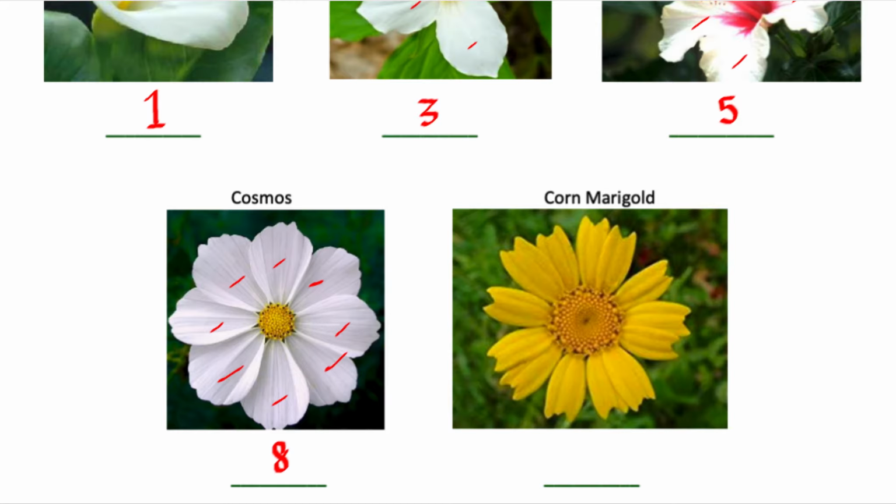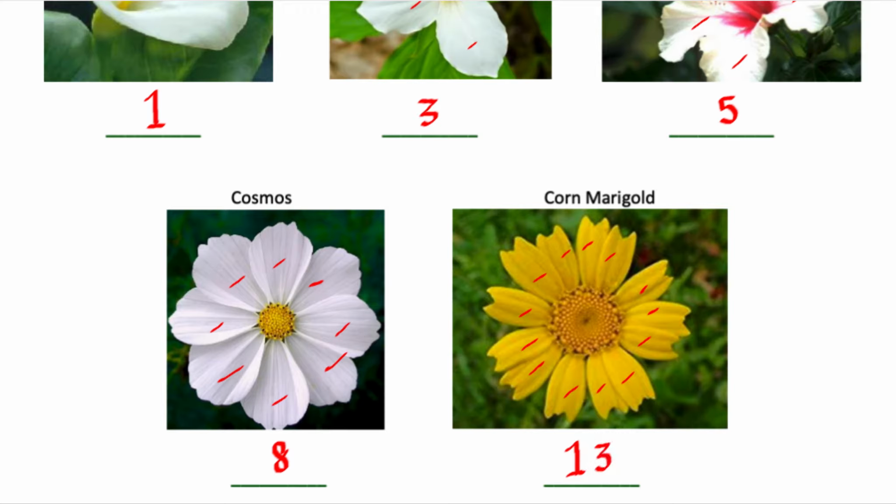If you answered 13, that's the correct answer. Let's count. One, two, three, four, five, six, seven, eight, nine, ten, eleven, twelve, and thirteen. So we have 13 petals in this corn marigold.